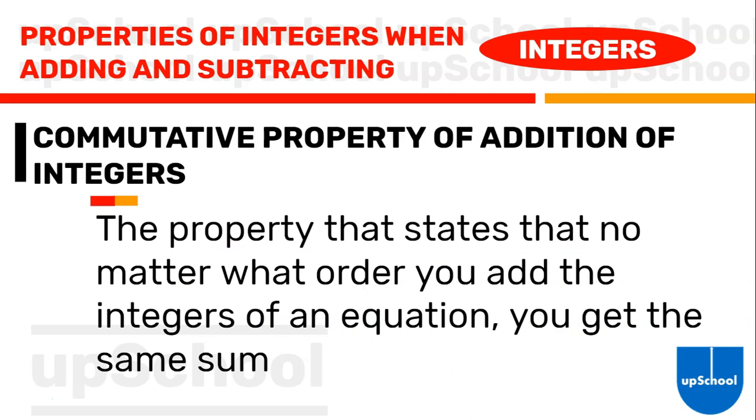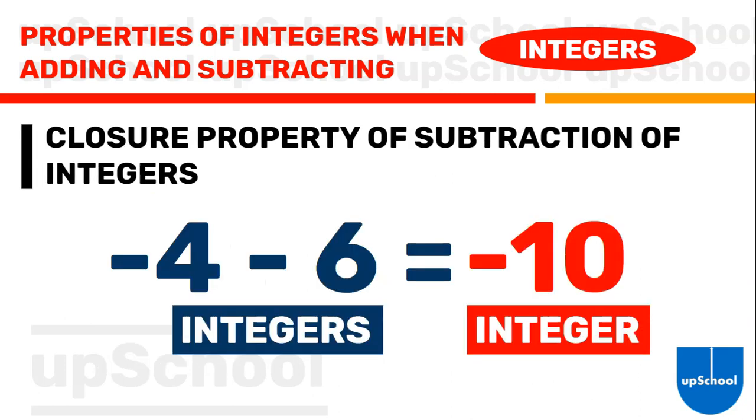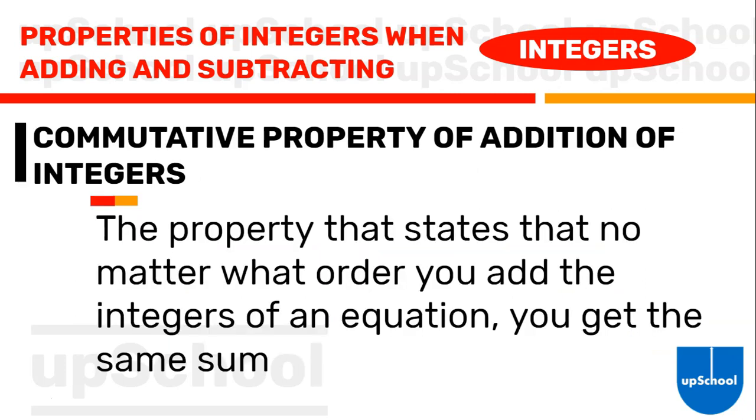So this basically means that all integers are closed under subtraction, which is the closure property. Or in other words, an integer minus an integer always equals an integer. That's the closure property of subtraction of integers.